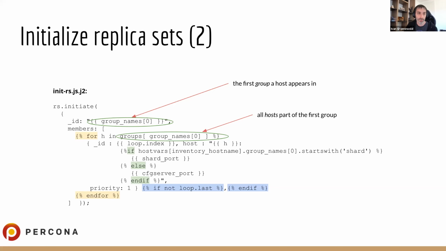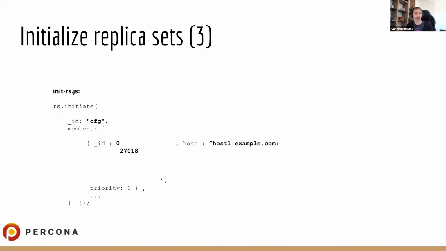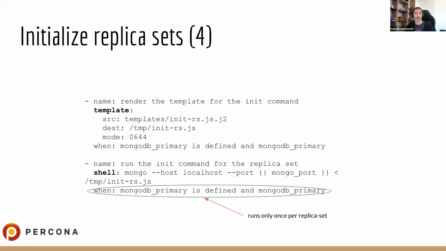And here is what it looks like when you replace this, okay? Just for the first host to avoid printing too much, but it will be generated like this, okay? Then once the template file is ready, we can simply call the template module to render it and put it in place.